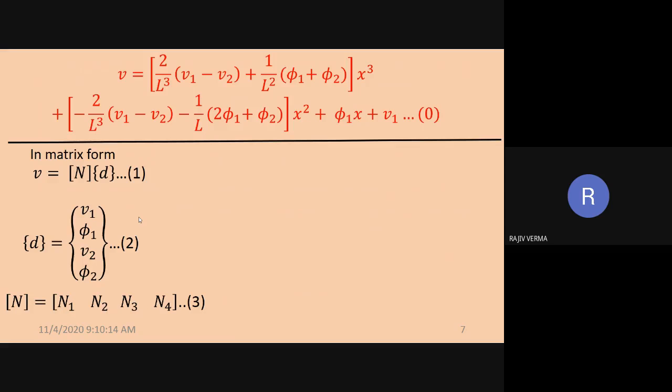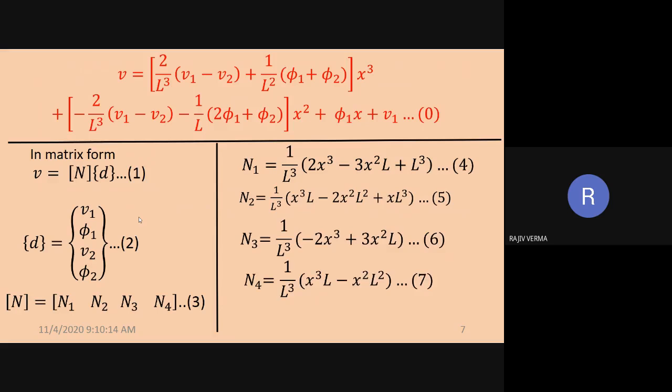This is equation number 3, which is a row matrix, and these are the expressions for the 4 shape functions, in equations number 4, 5, 6 and 7.